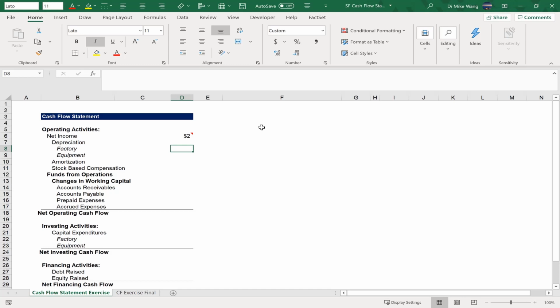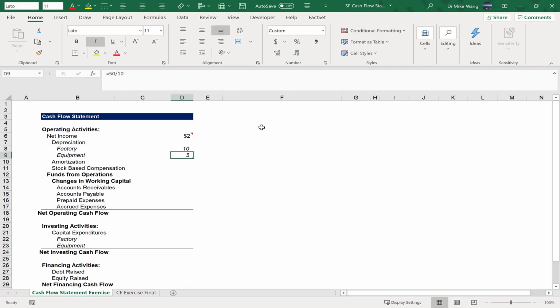So the way we do that would be $200 divided by a useful life of 20 years. That gets us to $10. For equipment, the depreciation each year will be $5, as it was purchased for $50. It has a useful life of 10 years.